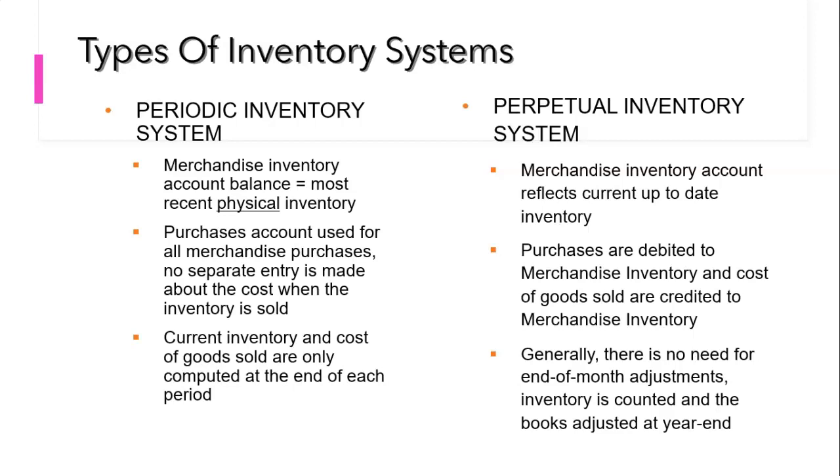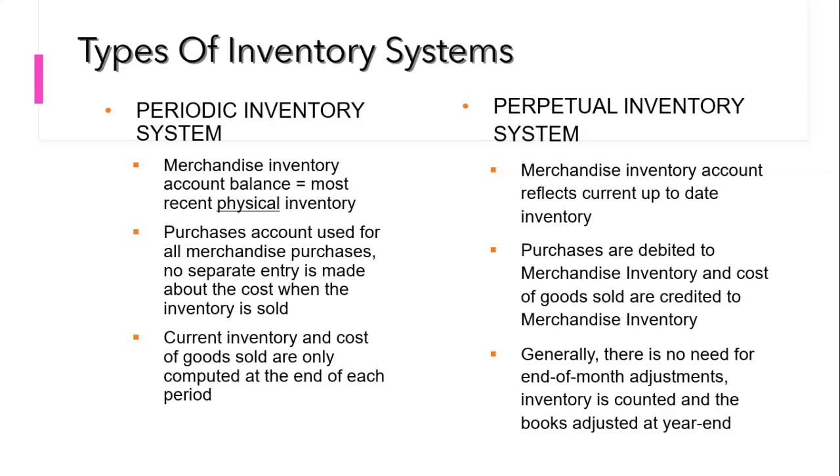And if we sell inventory, no extra entry is made about the cost of the inventory. So if I sell something for $10, I'm going to debit cash and credit sales for the $10 that I charge to the customer. It has nothing to do with whatever it cost us for that item.